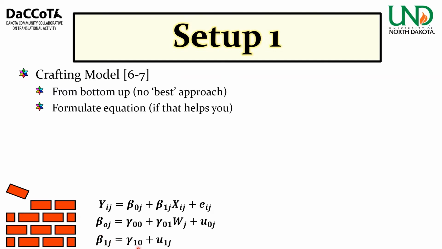Then for beta 1j, gamma 10 refers to the overall regression coefficient, or the slope between the dependent variable and the level 1 predictor. And then U1j refers to the error component for the slope, meaning the deviation of the group slopes from the overall slope. As you may have intuited, you can actually create a single equation if you really want to, by subbing in the identity of the betas to their respective portions in the initial equation.